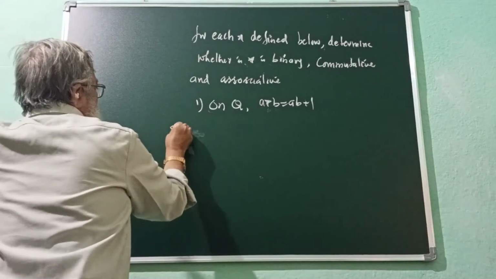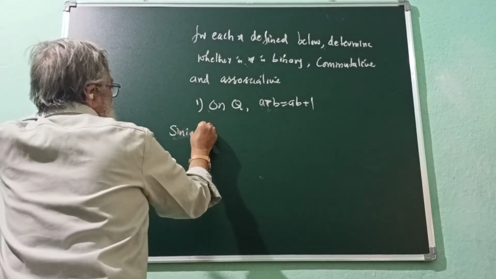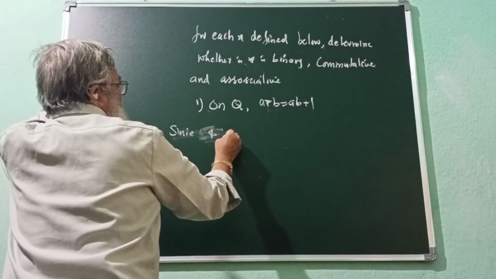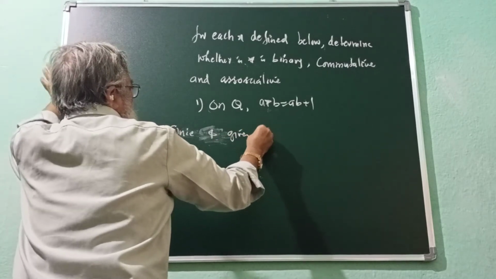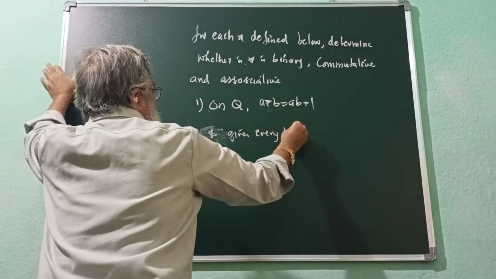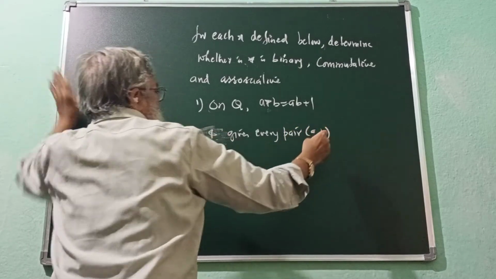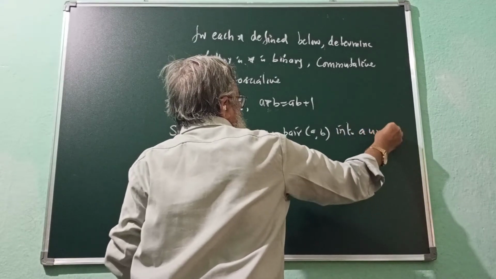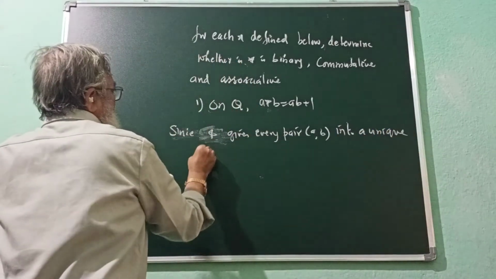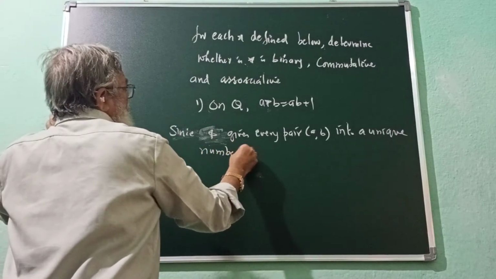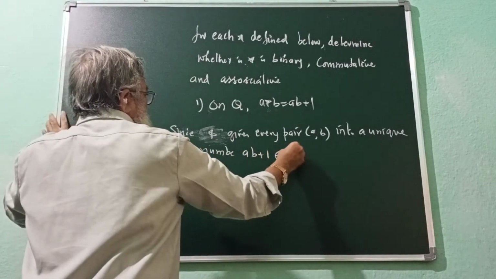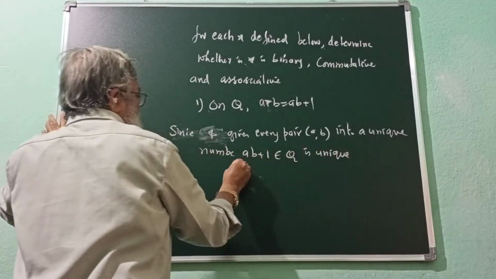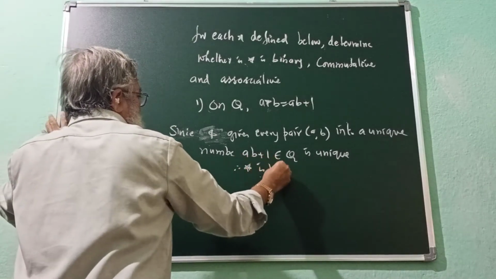We write, since every pair AB goes into a unique number AB plus 1, which also belongs to Q and is unique, therefore star is a binary operation.